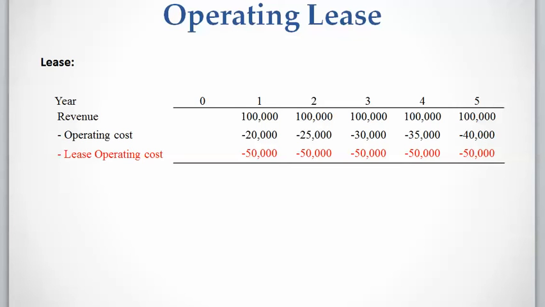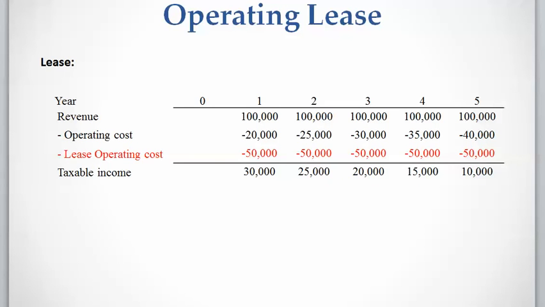We deduct the $50,000 per year of lease operating costs from revenue. Again, these lease payments are intuitively similar to operating costs.